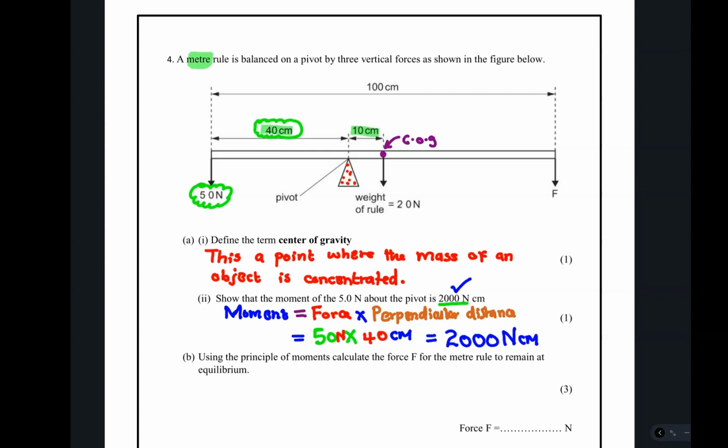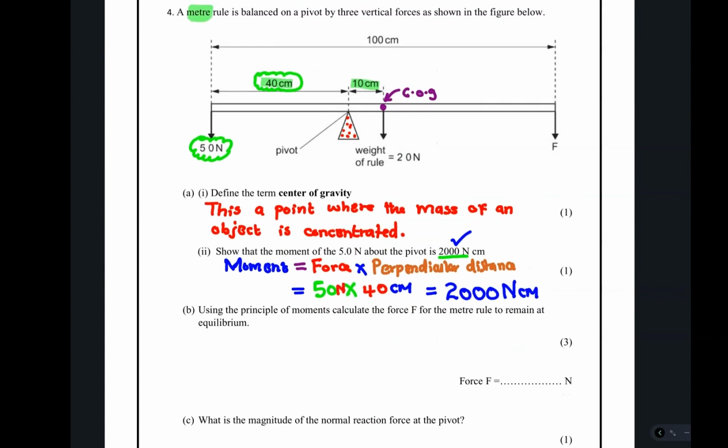They are on the same side of the pivot. And therefore, these two forces are going to give us a clockwise moment. So clockwise moment equals anti-clockwise moment. Now at equilibrium, at balance, the two moments must be equal.